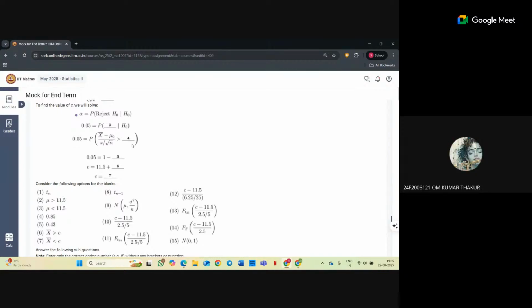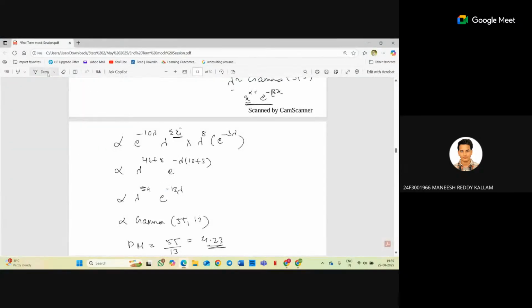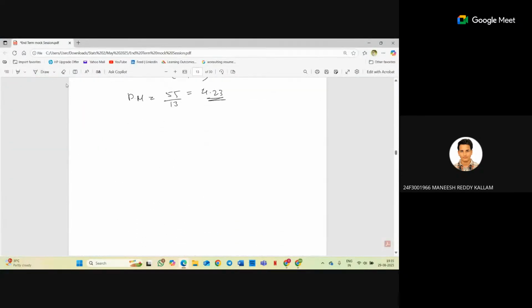Firstly we should write C minus 11.5 divided by the sample standard deviation over root n.